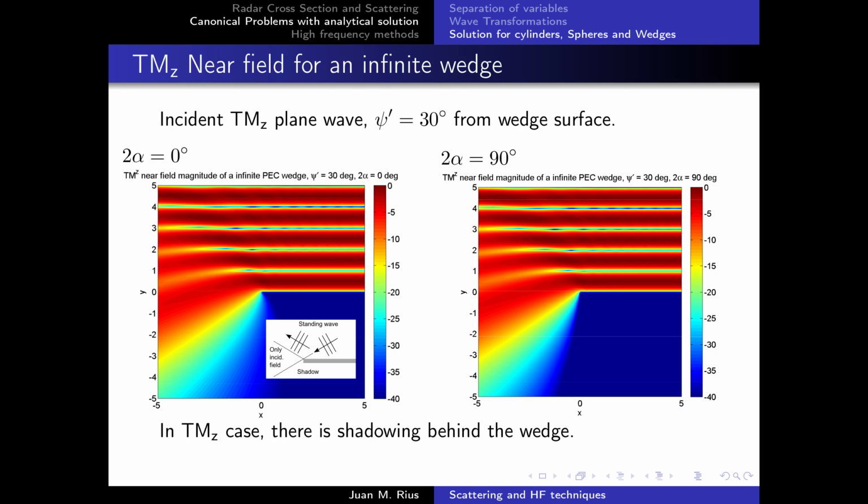And here we have the total field, incident plus scattered, for two wedges. One has inner angle 2 alpha equal to 0 degrees, so in fact it is a semiplane, and the other has an inner angle of 90 degrees, so it is a right angle wedge. It's like this. So this is the wedge here.